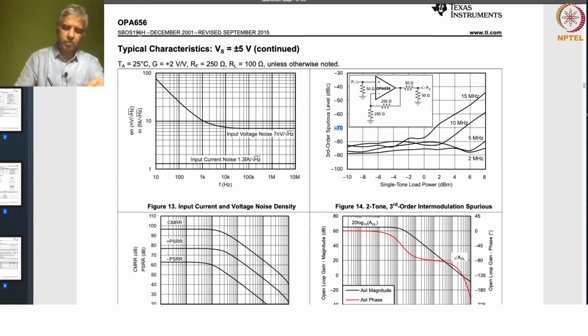But this corresponds to OPA 656, and this is the voltage noise density for OPA 656, which basically says, okay, the noise density is very high at low frequencies, and then it comes down as you go to higher frequencies, and beyond certain frequencies, in this case 10 kilohertz, it's just white noise, okay. So that is what we are talking about.